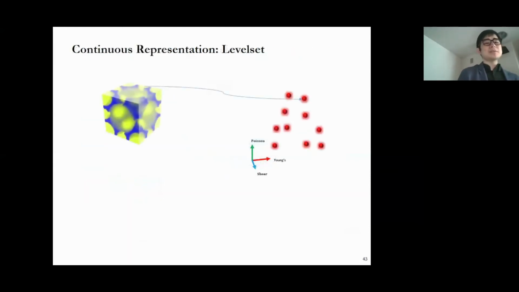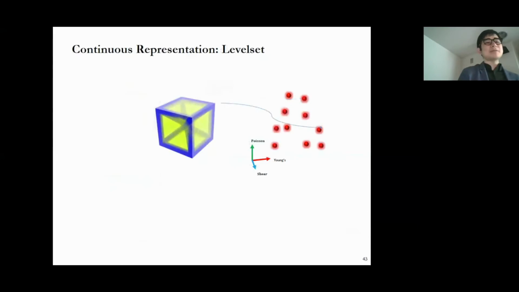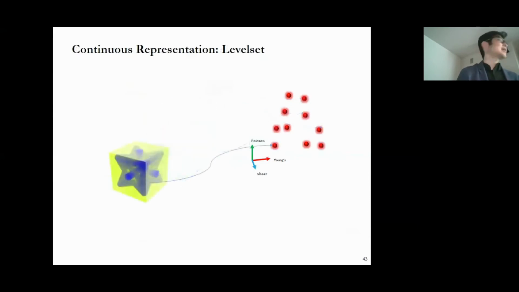So basically we do some data sampling strategies by randomly or by intuitively generating different types of microstructures, and we get some data, we get some point cloud in this space. And our goal is to explore this point cloud, to get to the extreme boundary of this point cloud.